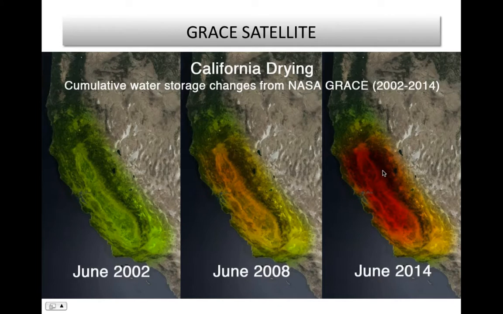Now, this is in 2014, 2015, these images came out showing how groundwater has changed in really the past 12 years. And it's from the GRACE satellite, which in 2002, one of the first images it took, what it does, it measures gravity and magnetism of Earth, and that can be affected by how much water is in the subsurface. And you can see that over time, we really decreased this water table.